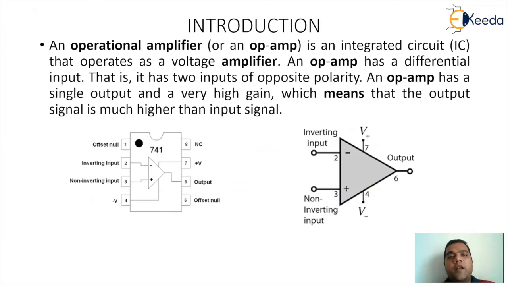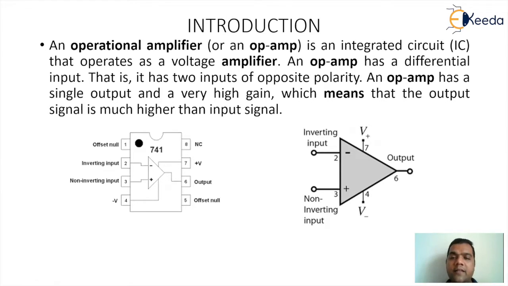So what is basically an operational amplifier? An operational amplifier is an integrated circuitry that is designed to work as a voltage amplifier. Under normal open circuit mode or open loop mode, the operational amplifier will work like a comparator.